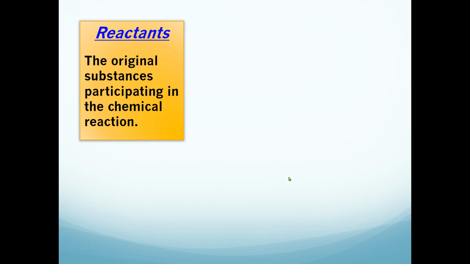Okay, so let's look at reactants. Reactants are the original substances participating in a chemical reaction. The easiest example I could tell you about is vinegar and baking soda. Vinegar is a reactant, meaning it will react with another substance.